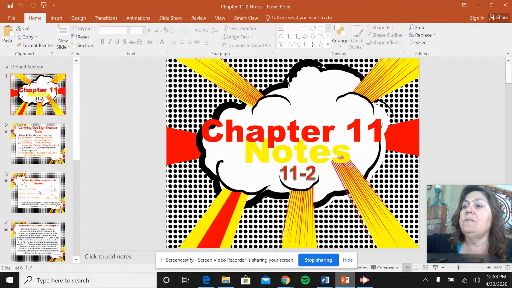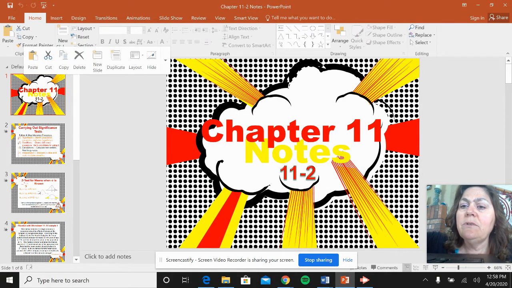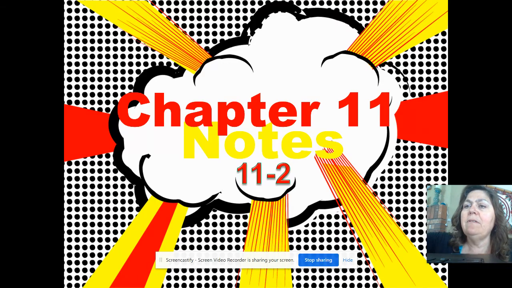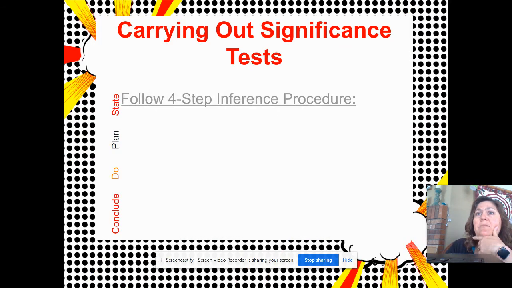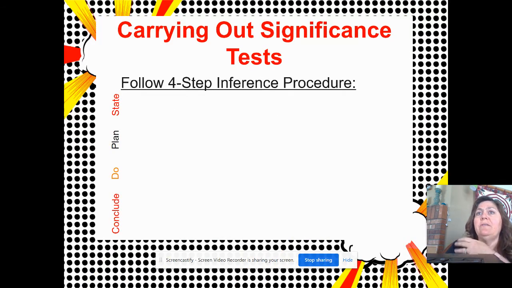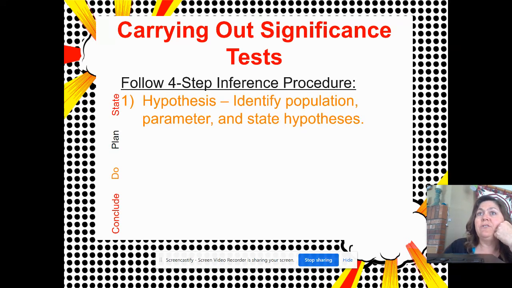So let's go on to just some reminders from chapter 11, starting with our notes here. I'm just reminding you that we still follow the 4-step procedure of state, plan, do, conclude. Make sure in your state that you have stated your hypotheses and that you identify the population, the parameter, and your H0 and your HA, right?